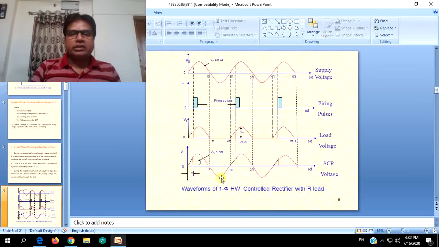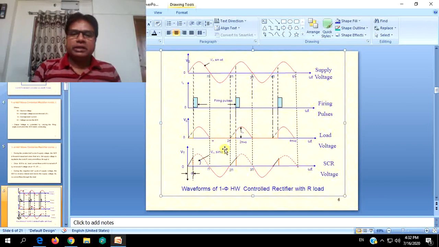As the SCR is blocking the total source voltage across it, the voltage reaching the load will be 0. So from pi to 2 pi, during the negative half cycle, the load will not be getting any voltage, and both the load current and the source current will be 0.